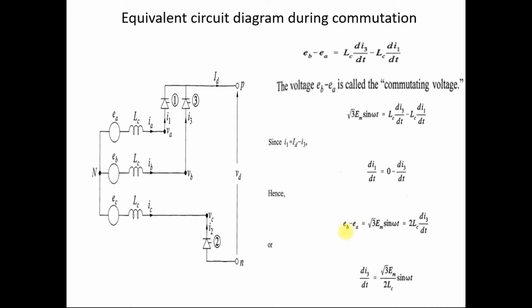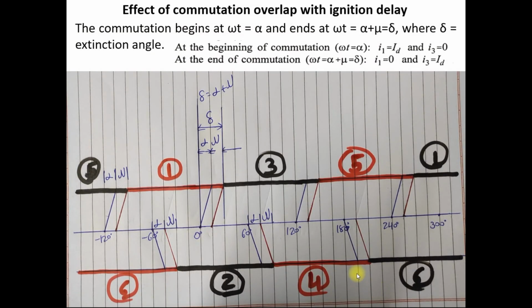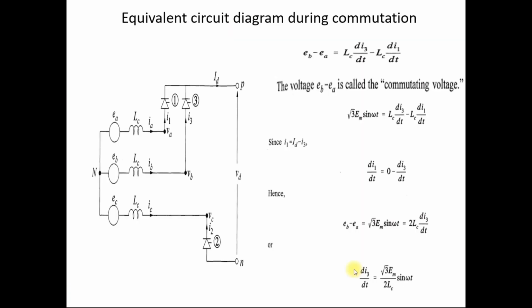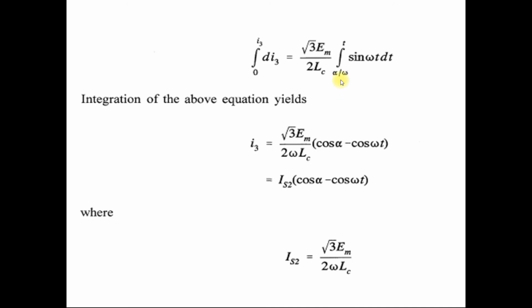Because at this instant the angle omega t is equal to alpha, so t is equal to alpha divided by omega. That's why we take the integration from alpha divided by omega to the time t.